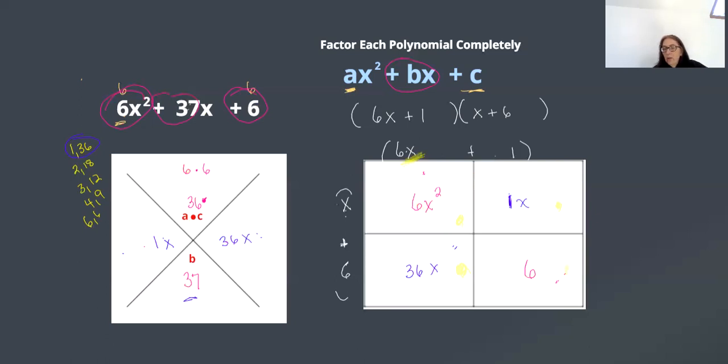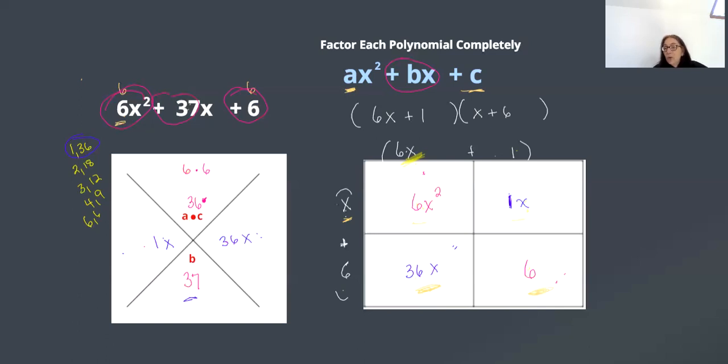Nothing's common other than 1, so I can only factor out a 1. That takes care of that direction. Now, when I look at this magical box from left to right, when I look at 6x and 1x, we already said the only thing we can factor out of the two of those is this x. When I look at 36x and 6, what can I factor out of the two of them? 6. So our magical box works in each direction.